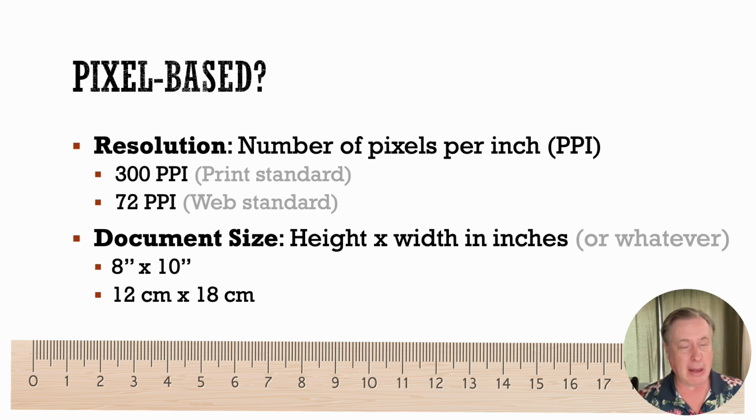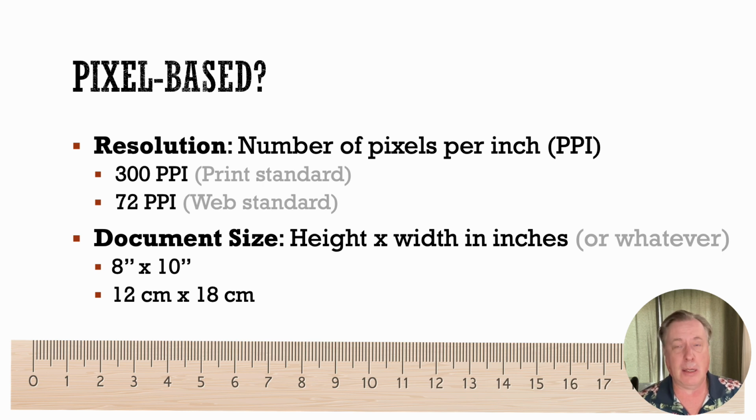Because when you print something out, you don't want to see the pixels. So you want to see a nice continuous tone. You don't want to see these chunky blocks. So 300 pixels per inch is generally what we found is a successful way of achieving that result.